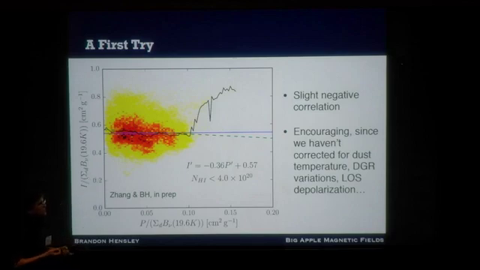And the same thing if you think that the dust-to-gas ratio is varying very much along these sight lines, that would positively correlate these quantities. So the fact that we don't see a striking positive correlation suggests that there is hope for digging this out. So what we want to do is make very good dust temperature corrections.